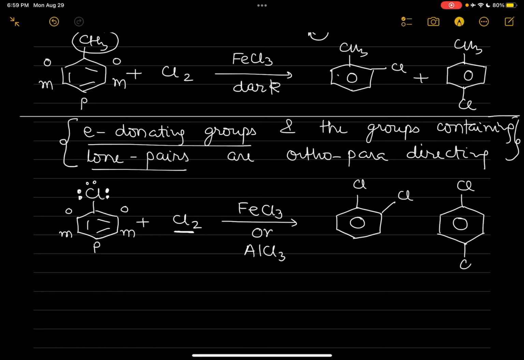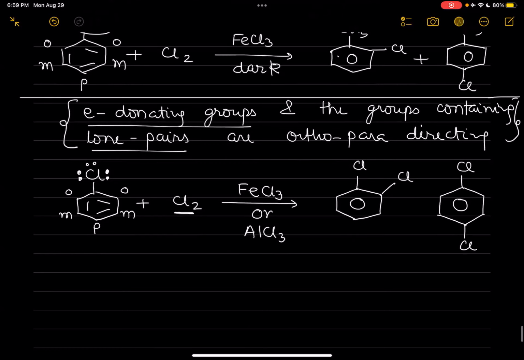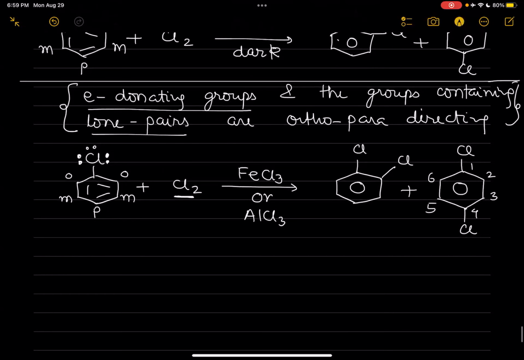And Arpit, this is 1,4 because you need to do the numbering 1, 2, 3, 4, 5, and 6. 1,4-dichlorobenzene. So this is ortho-dichloro, this is the ortho and this is the para.